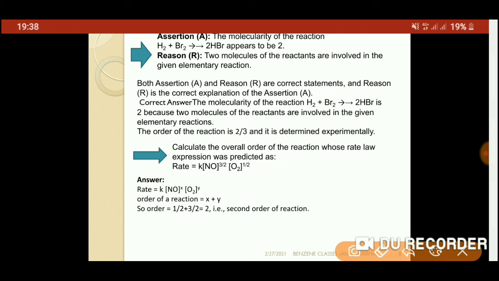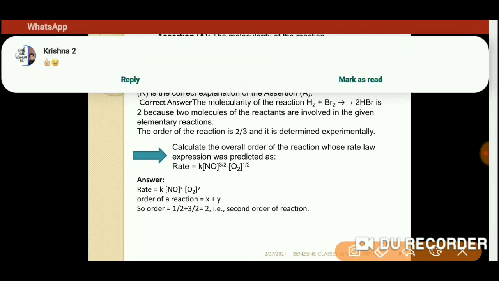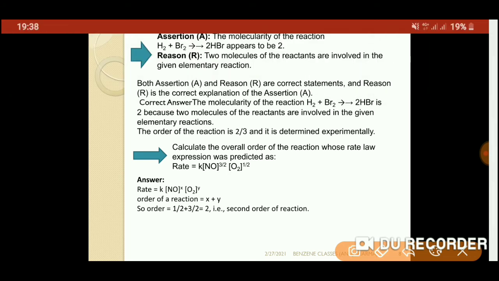You can check H2 plus Br2, so 2 molecules, H2 and Br2, are here. So the molecularity of this reaction will be 2. Both assertion and reason are correct, and the reason is the correct explanation of the assertion.